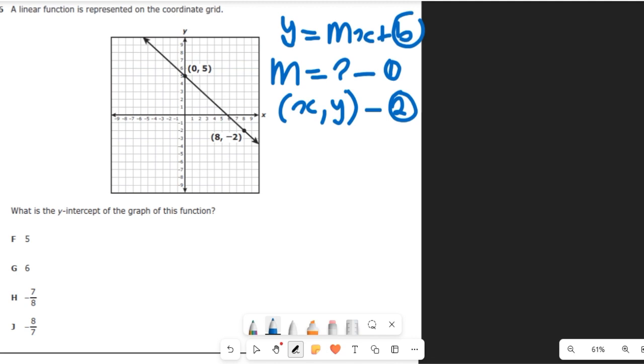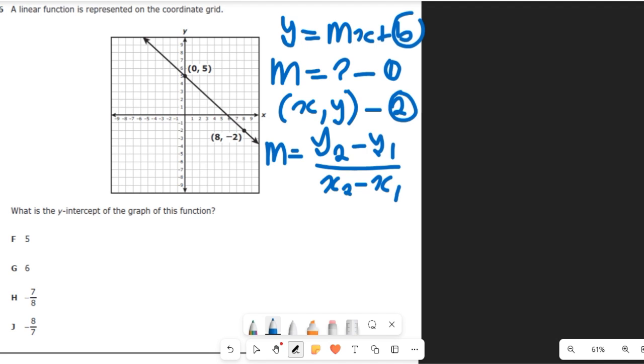Now let's look at the slope. m is equal to y2 minus y1 divided by x2 minus x1, and that is the formula for finding the slope.